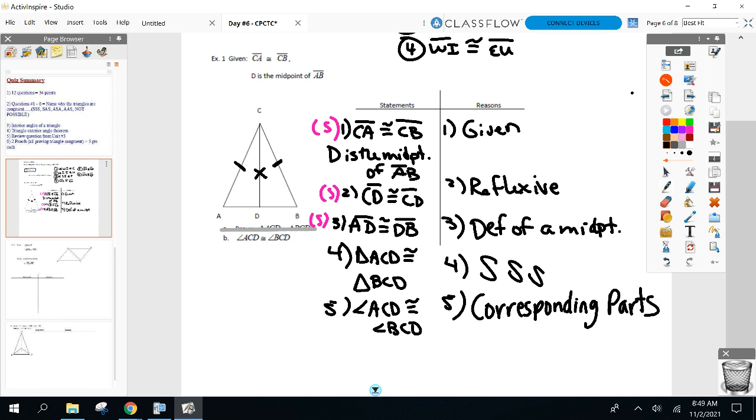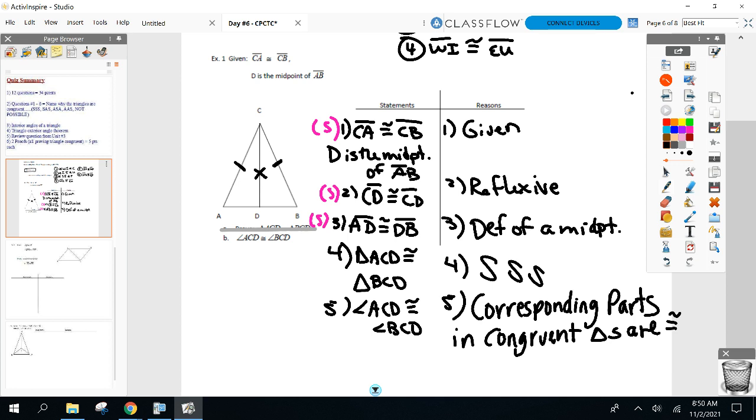These are corresponding parts in, what do you know about the triangles? Corresponding parts in congruent triangles are congruent. Go ahead. I'll give you your 15 seconds of whine time.